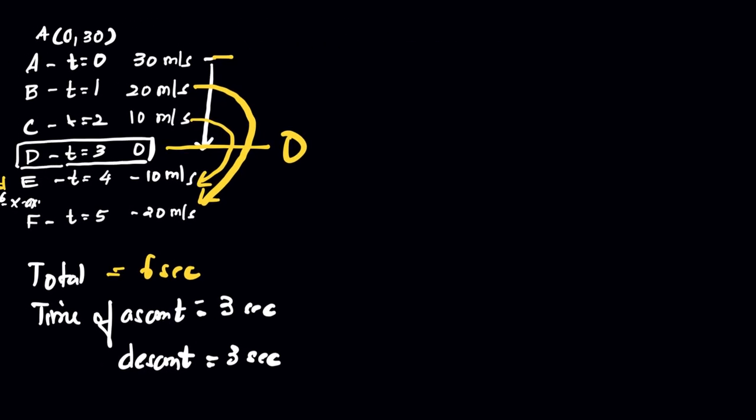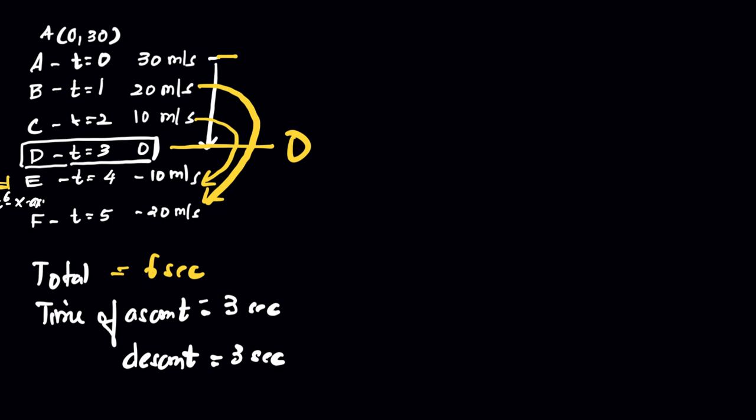So let's discuss this one more time. If the object is projected from ground, say this is t is equal to 1, the velocity here is 20 meter per second, and here also the speed will be 20 meter per second. But what would be the corresponding time?